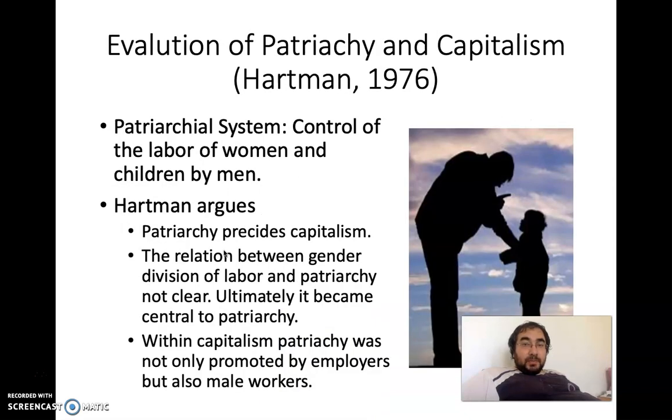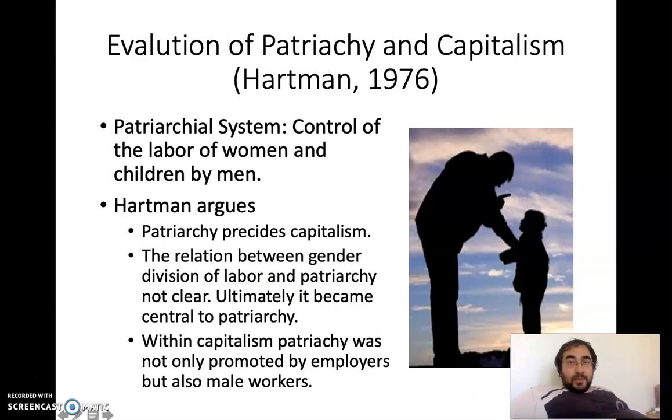And Hartmann goes back a lot further than the other articles, and she is defensive of the argument that capitalism has been a force that strengthened patriarchy.